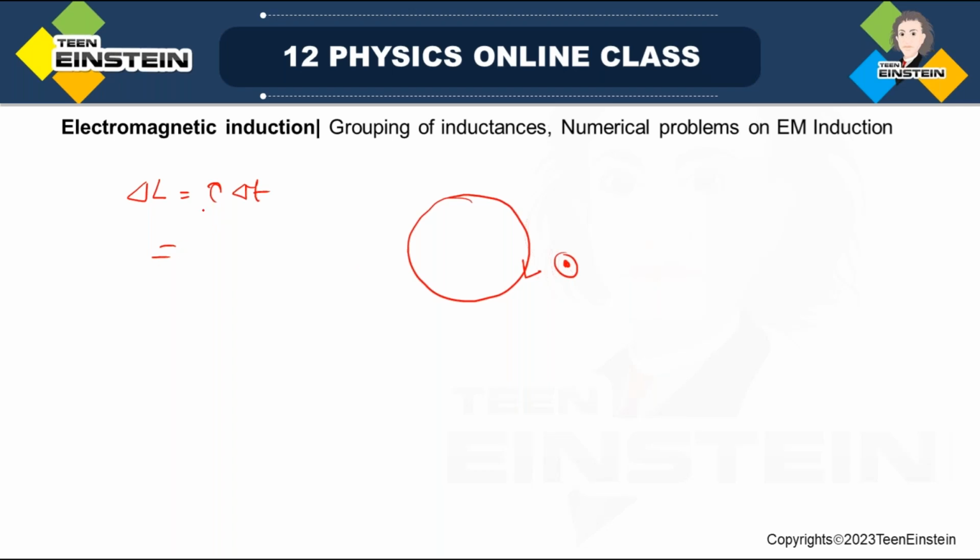So this torque is qE into r, into delta t, where r is the radius of the orbit. Here E is related to the EMF induced in that.